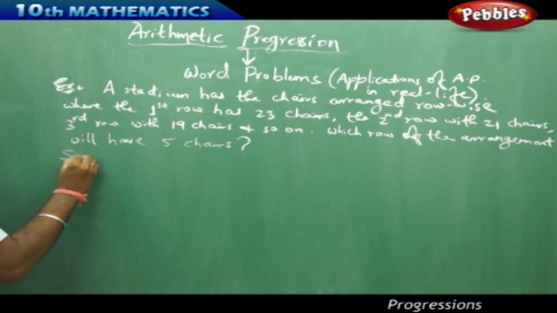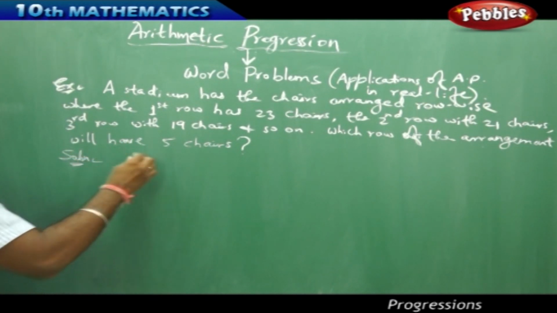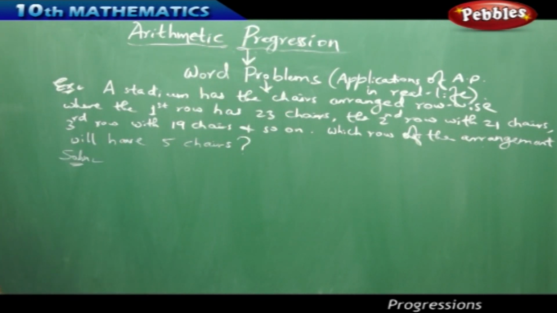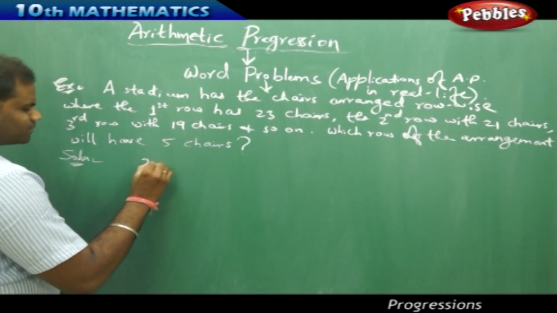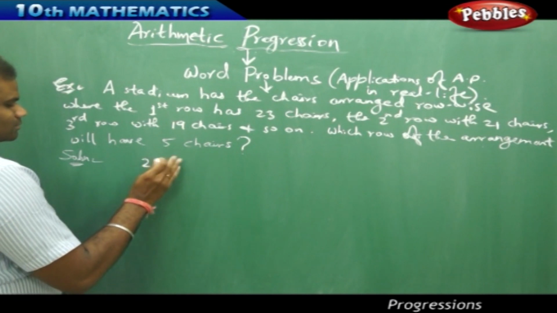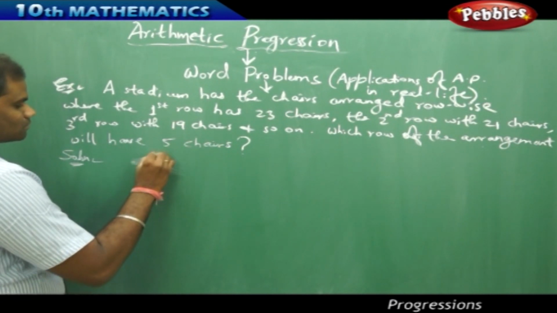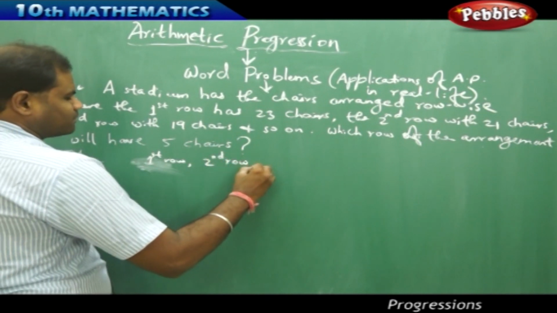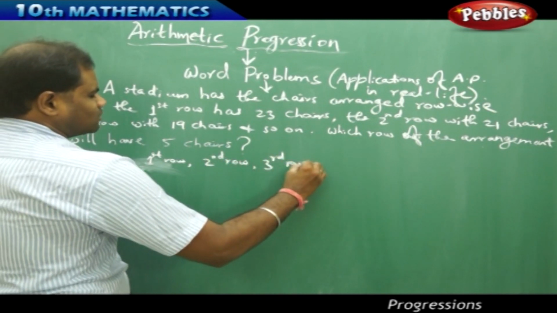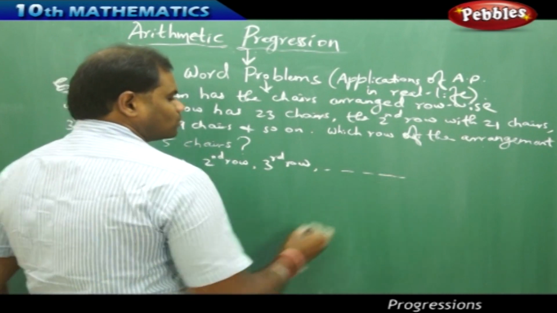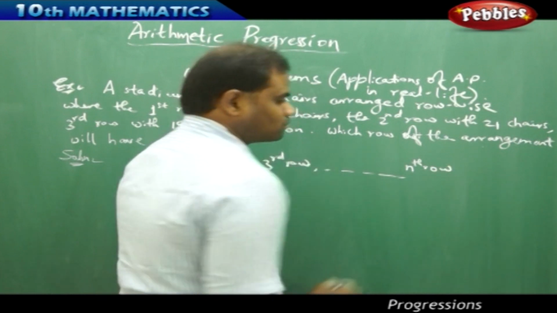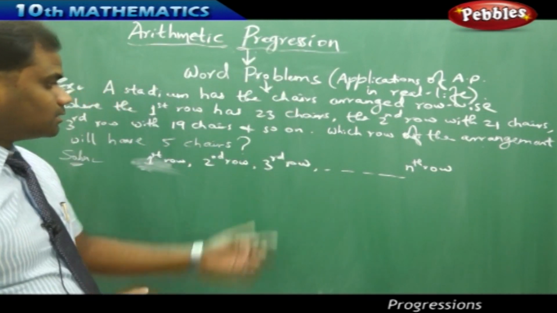So in this case, I identify that a stadium has chairs arranged row-wise where my first row has 23 chairs, then comes the second row, then comes the third row, and finally I don't know which is the last row, which I denote with the nth row because I don't know which is the last row.